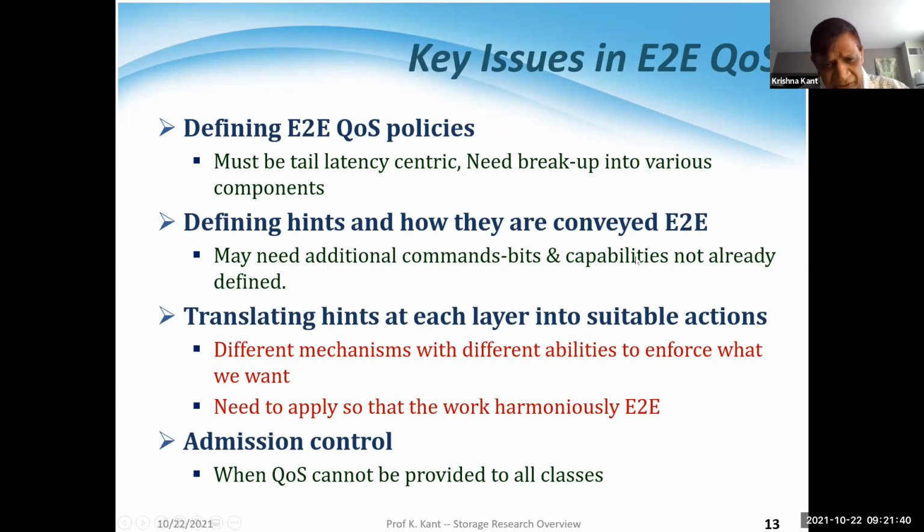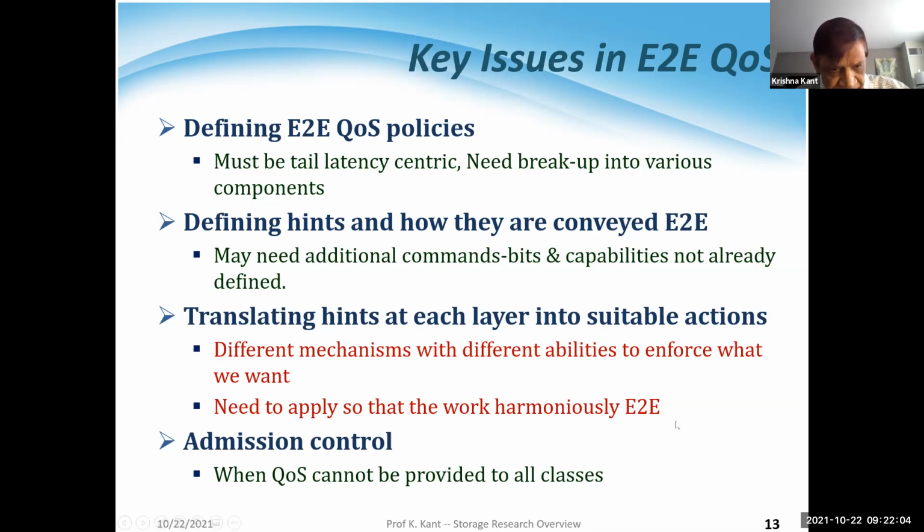Although some of it exists, it's not universally accepted. And then there is a question of once each layer gets the hint, how does it translate that QoS requirement into whatever mechanisms that it locally can provide? And that's not an easy thing to do.